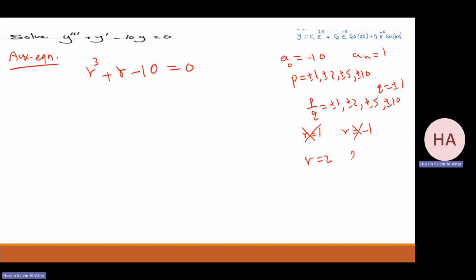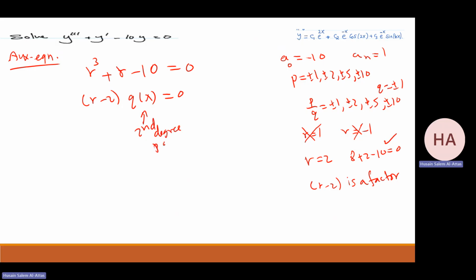What about r equal to 2? I have 8 plus 2 minus 10, which is 0, which is correct. So now I do synthetic division. It means r minus 2 is a factor. So that will be r minus 2 times a quadratic function, a second degree polynomial.